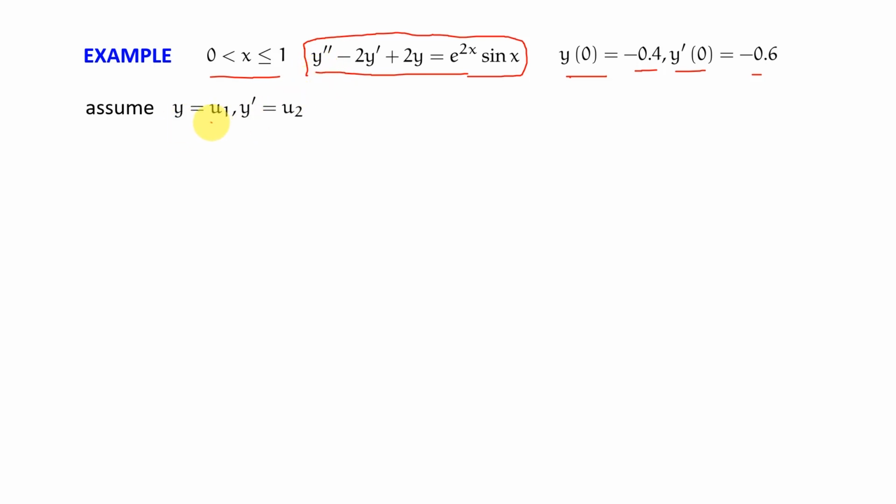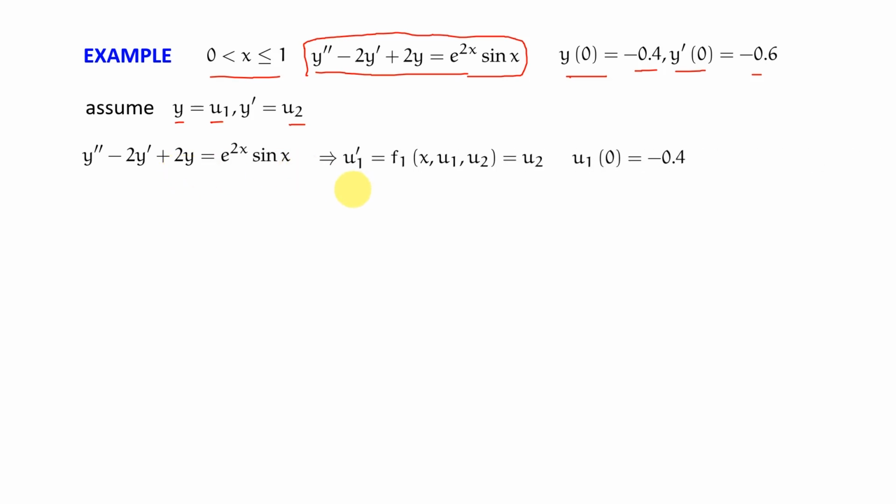I take u1 and u2 as two new variables, where y is u1 and y prime is u2. Therefore, I now break this ordinary differential equation. The first one is u1 prime equals y prime, since u1 is y, and y prime is u2.